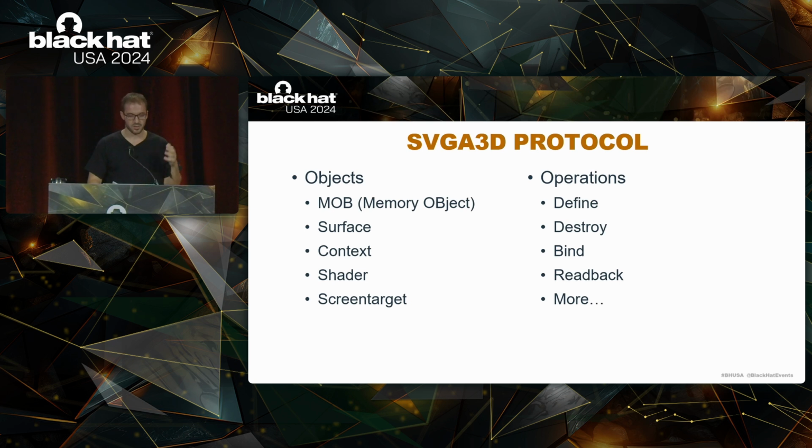Memory objects are used as a mechanism to pass input to the rest of the SVGA objects. For instance, you can bind one SVGA object with a mob, and the underlying data of the mob will be used to initialize this SVGA object.